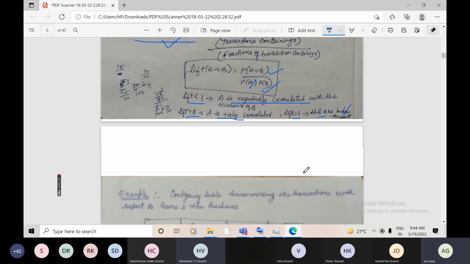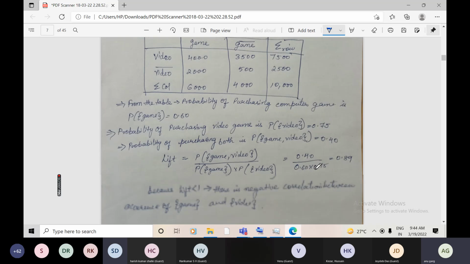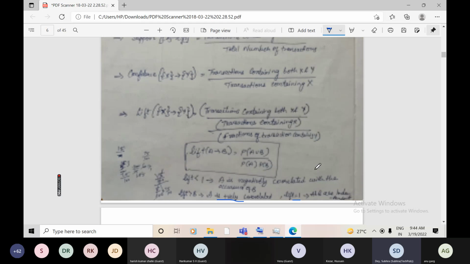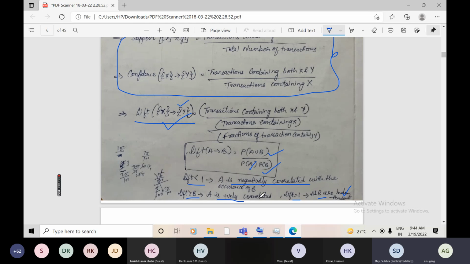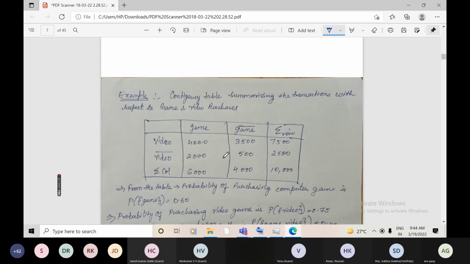So if lift is greater than 1, then A is positively correlated. Greater than 1, sorry, there is a mistake in writing. Next we will see an example for this.